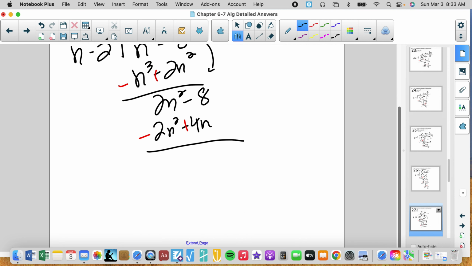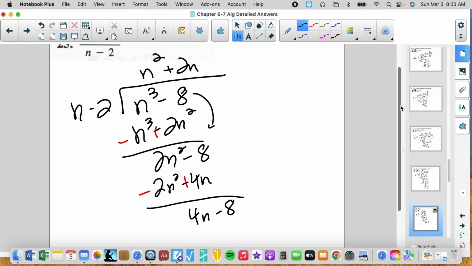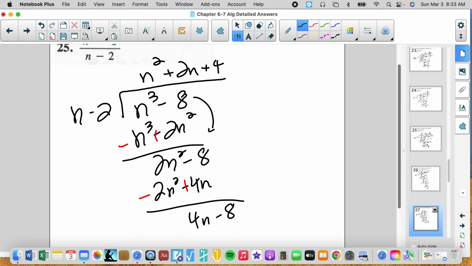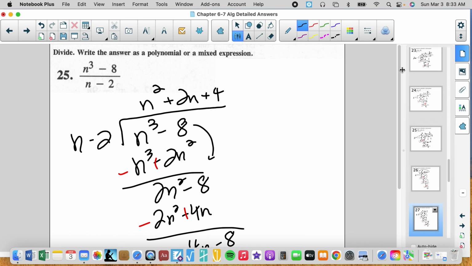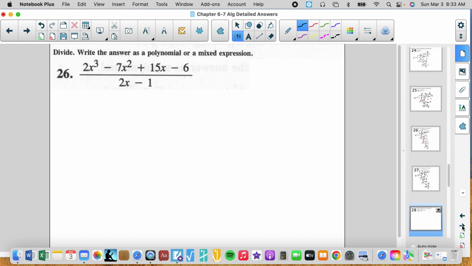That gives us 4n minus 8. We're going to multiply it by a positive 4. We get 4n minus 8. Change those signs, and we get 0, and this one worked again. That's my answer.